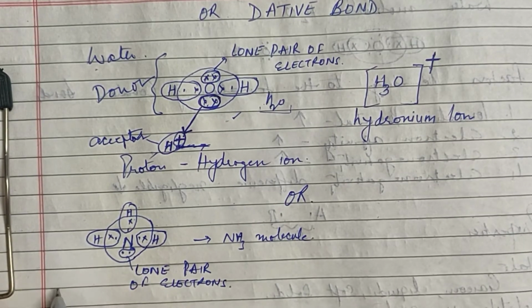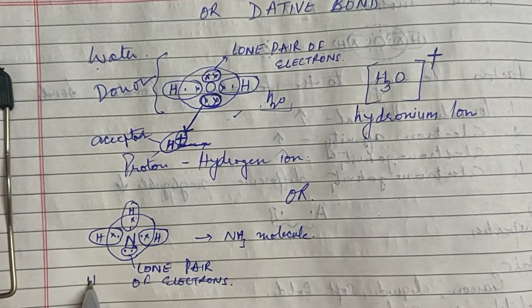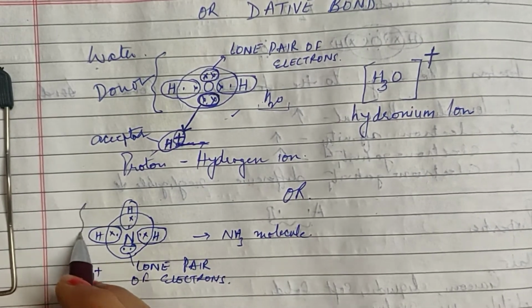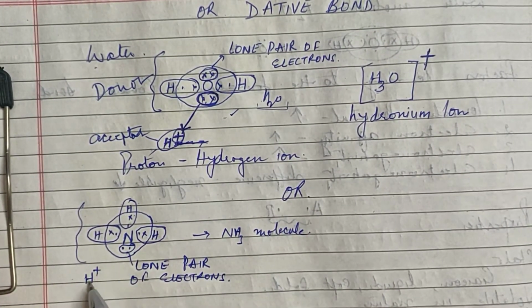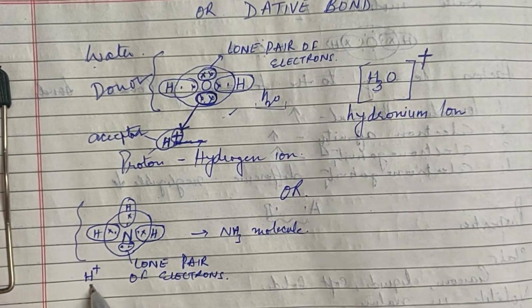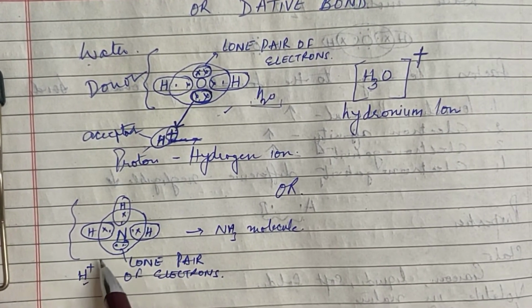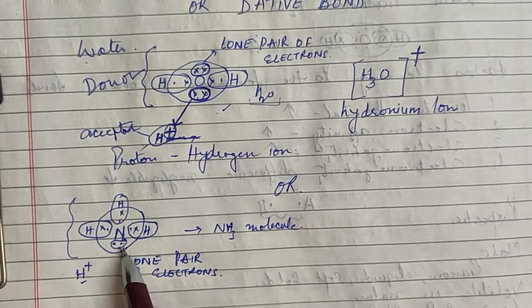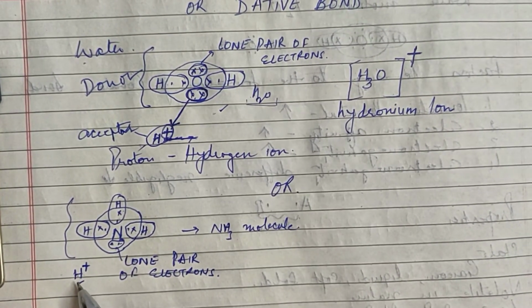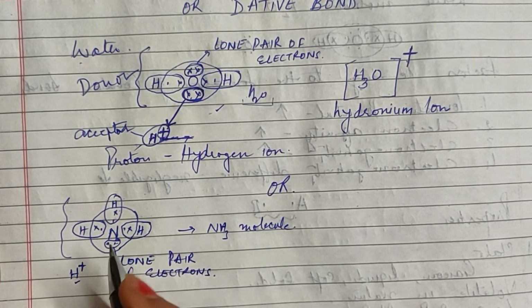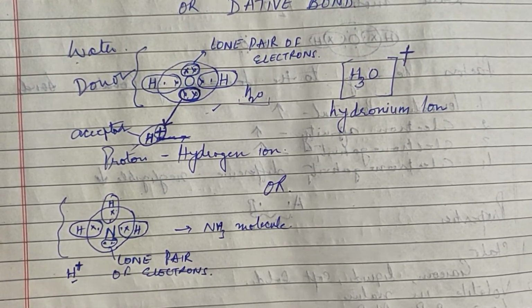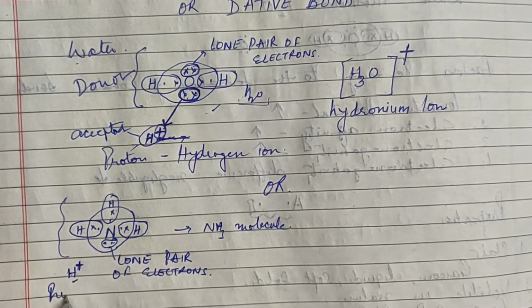Similarly, if a proton happens to be close by, then the entire ammonia molecule allows this hydrogen ion to use this pair of electrons and become stable without taking any electron from the hydrogen ion in return. Hydrogen ion is an ion because the only electron it had has been given to someone else. So with the result, this one has only one proton. So it is also called a proton.